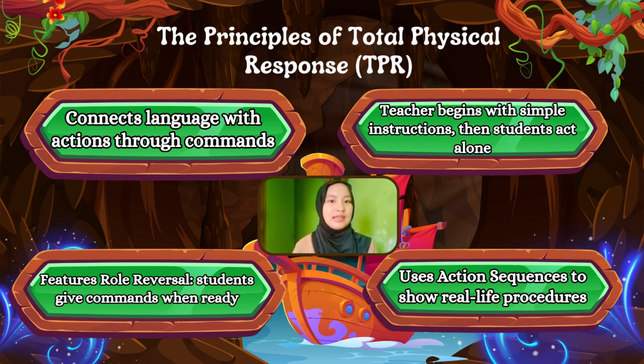At first, teachers give simple instructions and act together with students. Later, students perform the actions on their own. An important feature is role reversal, where students give commands to the teacher or peers once they feel ready to speak. TPR also uses action sequences, such as writing and mailing a letter, to show how language describes real-life procedures.